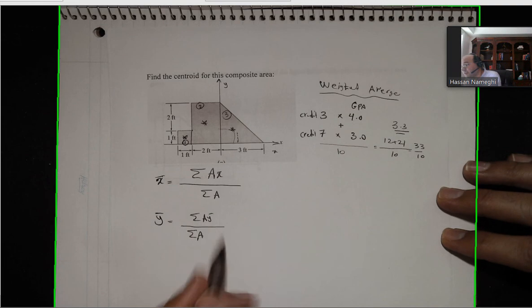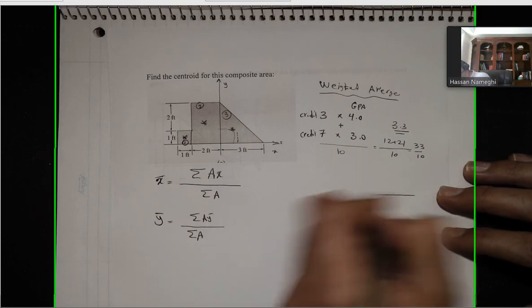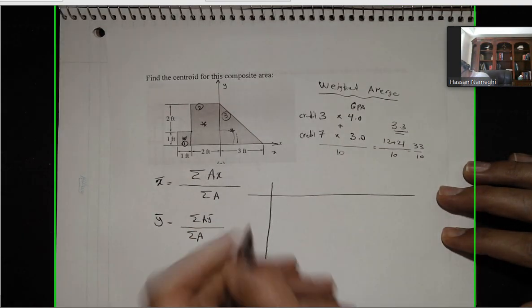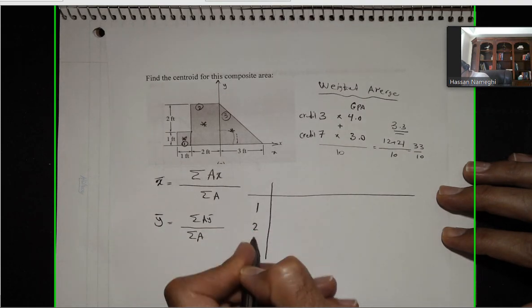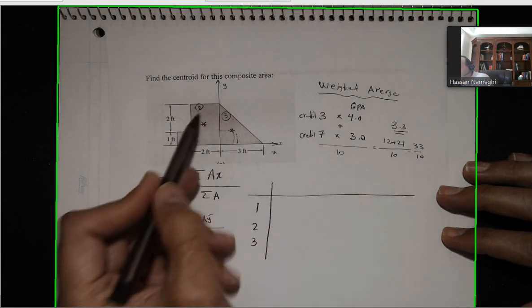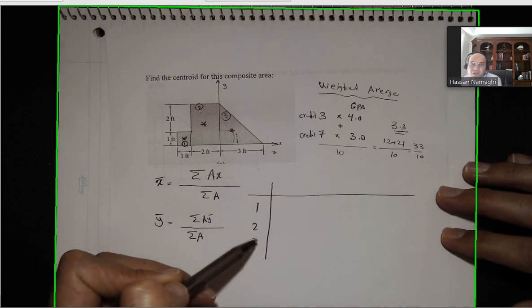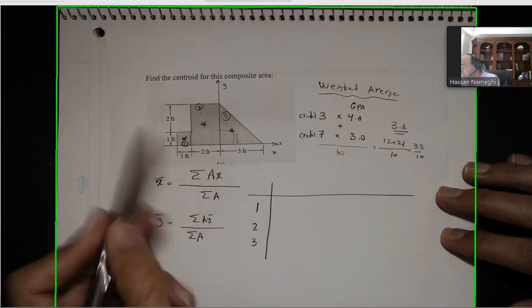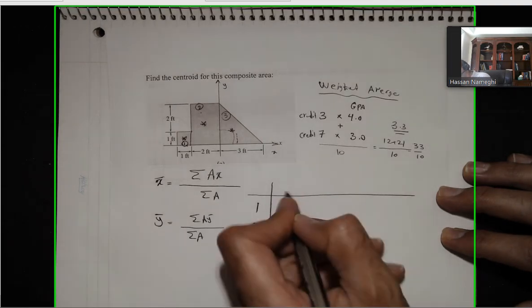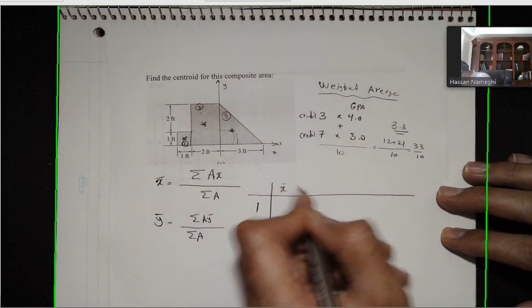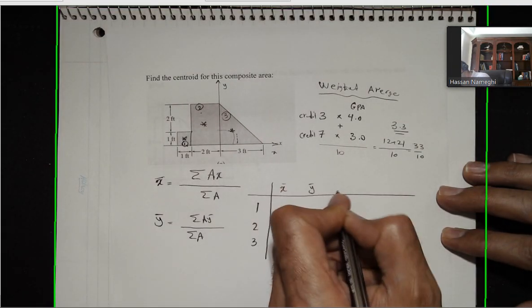Let's create that table. I create a table like this. I call the rows 1, 2, 3, depending on the number of constituents I have. In this case, I have only 3 parts. For each of them, I'm going to find the x bar, the y bar, and the area.